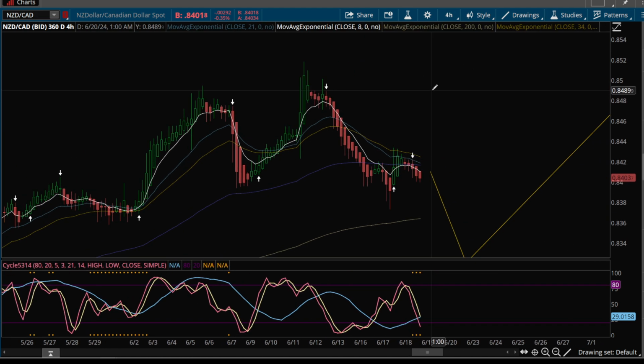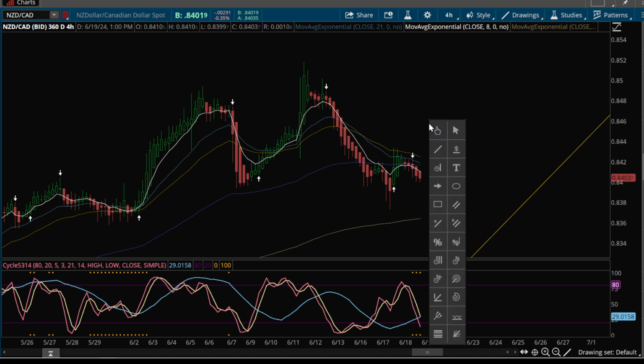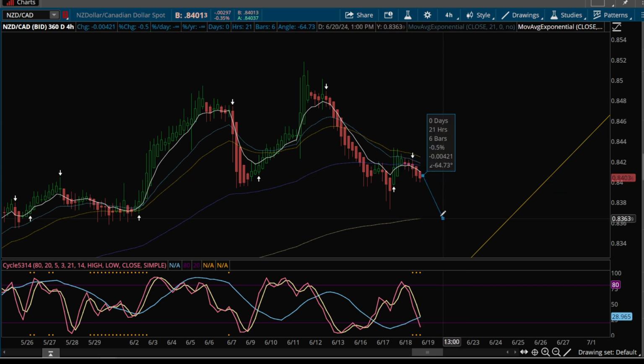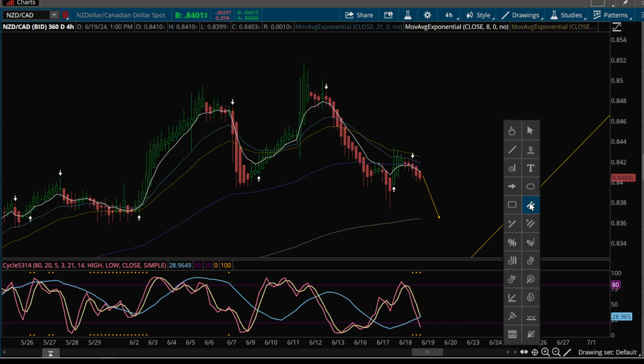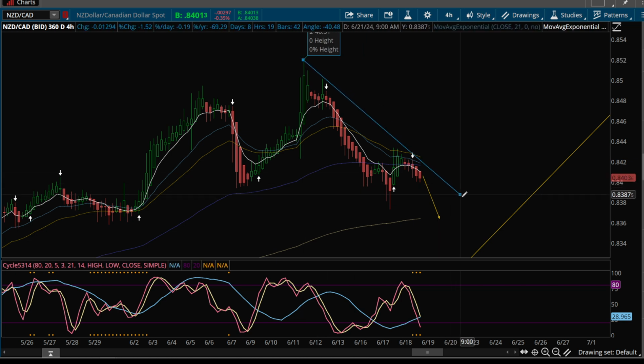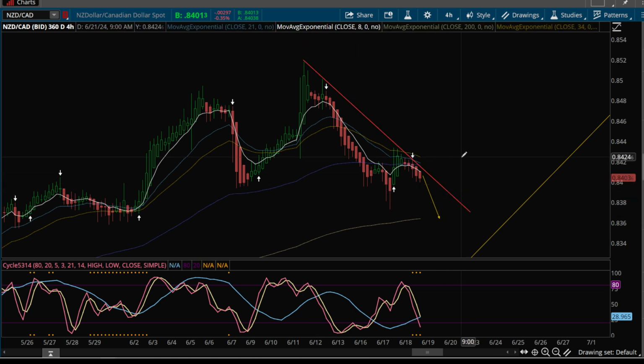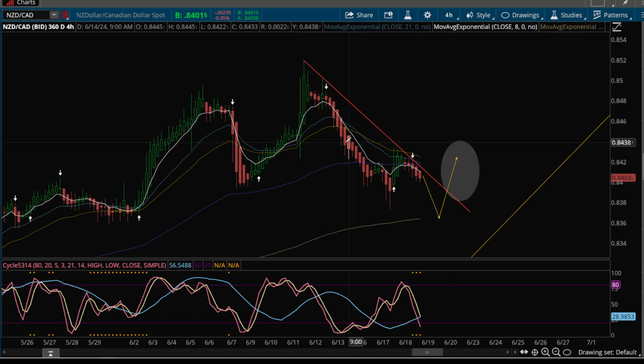If we do come down here on NZD CAD, we do make it down here. Now you can pull this structure, and you could buy the break of it. You could buy the first high or low on the 1-hour chart or on the 4-hour. We start coming through this structure. Now you can go after the first high or low in the 1-hour chart, because your 1-hour will be stacked to the upside at that point. So we'll see. We'll track this one.